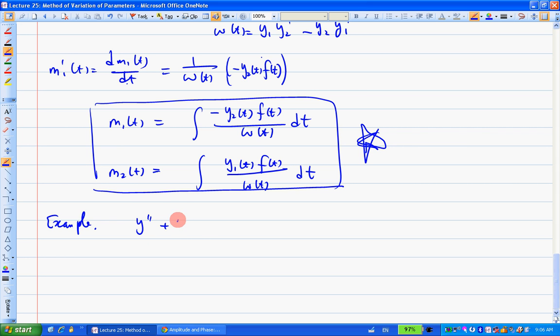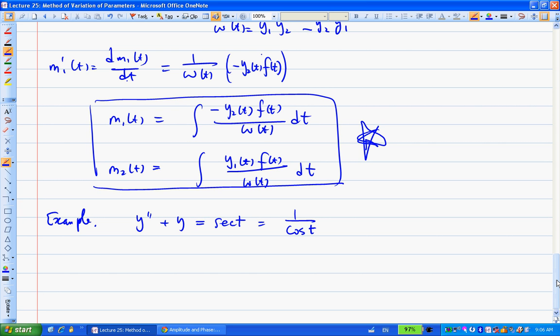y double prime plus y equals secant t. Secant t is 1 over cos t. So this has nothing to do with the regular sine and cosine or exponential, so the undetermined coefficients method won't help in this particular case. We need to use variation of parameters.